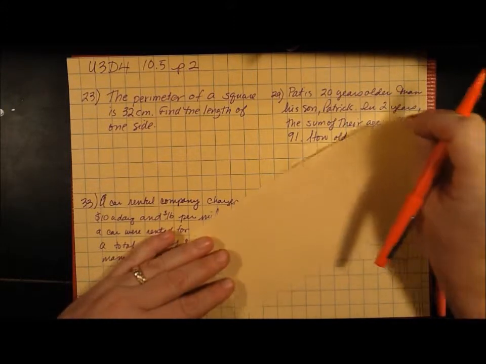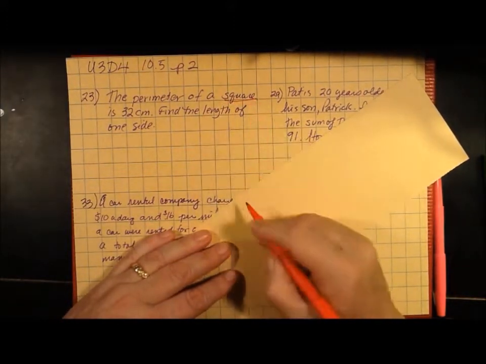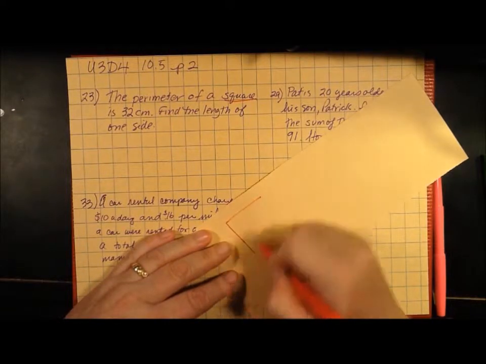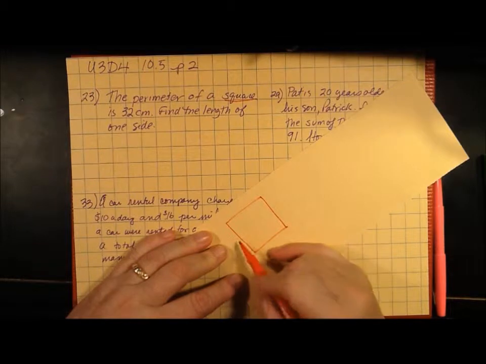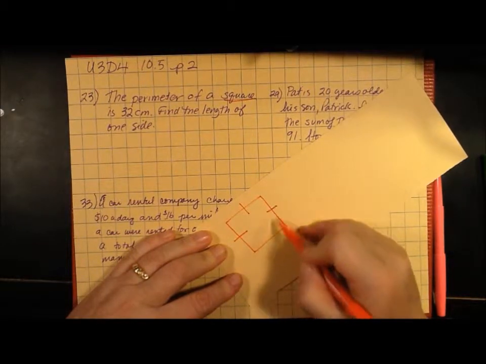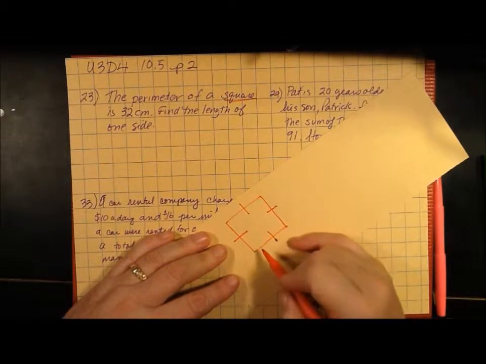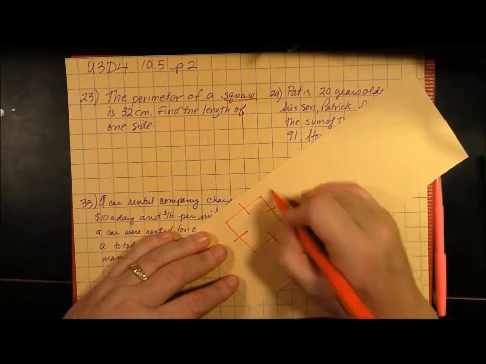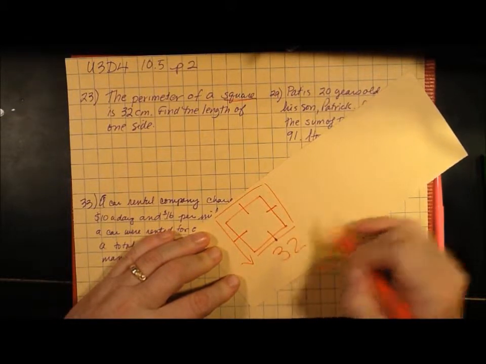In this case, sometimes it helps you if you draw a picture. So here they're asking about squares, and again you have to rely on your background knowledge that tells you that a square is a rectangle that has all sides equal to each other. That's an important fact. And it tells you that if you went all the way around this square, the answer would be 32 centimeters.